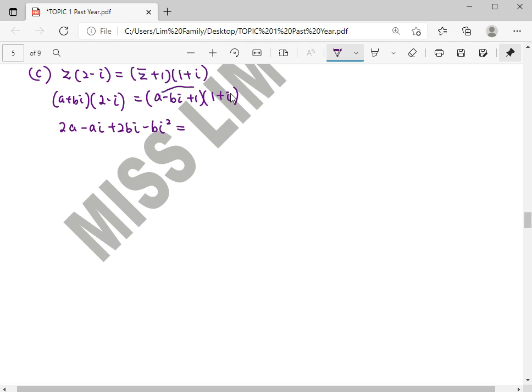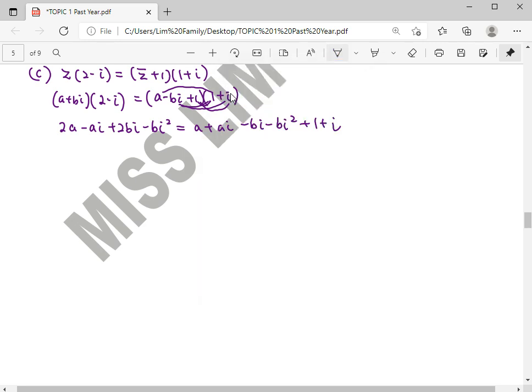A expands to the back, we get a plus ai. Then second item, negative bi minus bi square. And then come to third item, 1. 1 times 1 plus i will become 1 plus i.